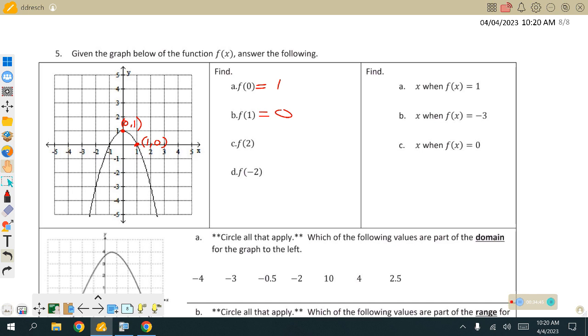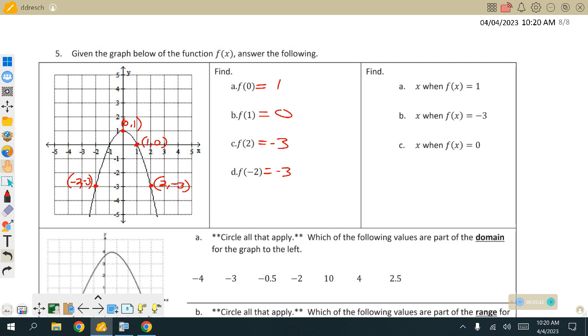F of 2, x is 2, y is? F of negative 2. Whoops. X is -2, y is -3. Again, those are usually not my issues. Might make mistakes the first time through, but they usually get fixed pretty quickly.